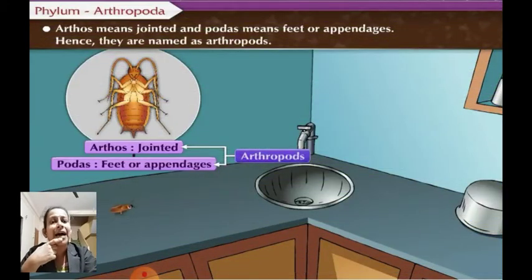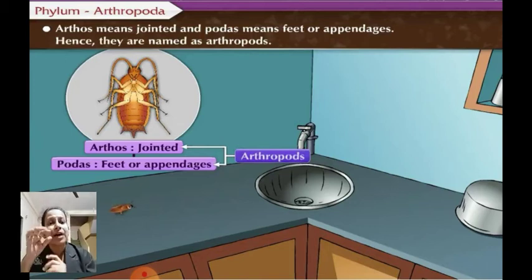Fine. Now, let us go to the next phylum, that is Phylum Arthropoda, which is the first largest group of animals in the whole world, or you can say on the earth. So what is this arthropoda? Arthros means jointed. Have you seen a cockroach any time? You might have seen, definitely.